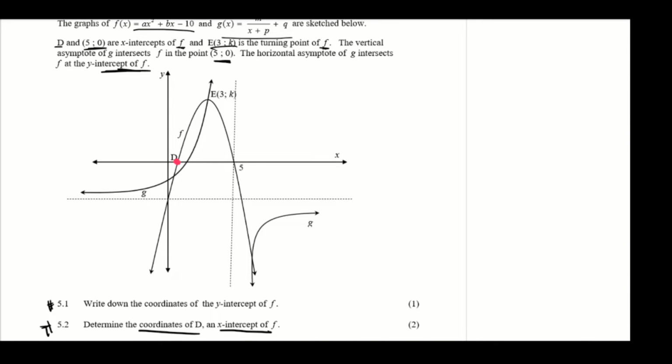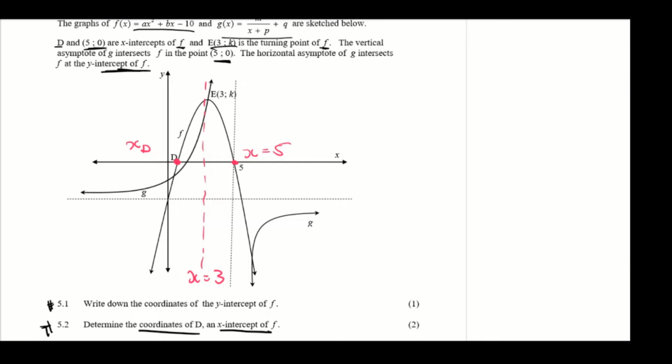To find the x value, we should remember that the parabola is symmetric. So the x value of the turning point is 3, and the x value here is 5, and we want to identify the x value of D. So we can use that symmetry to find the value of x of D.